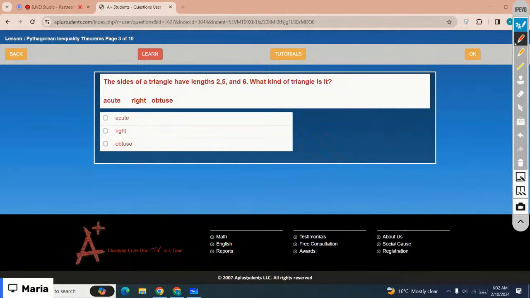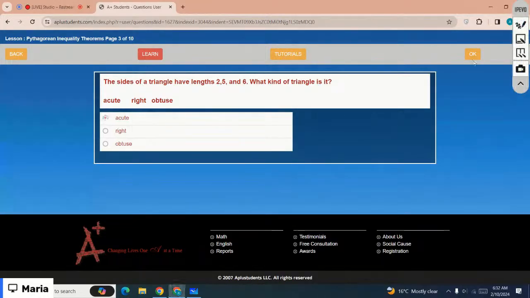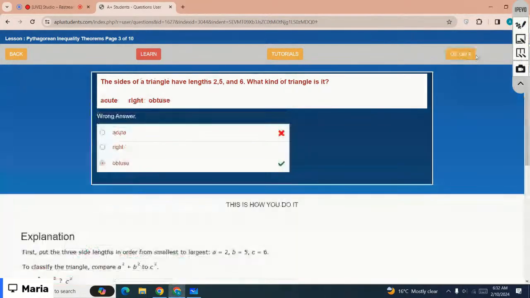That is the acute triangle. If the square of the hypotenuse is greater than the sum of the other sides, that is the obtuse. No, obtuse it is. Sorry, I'm a bit confused.